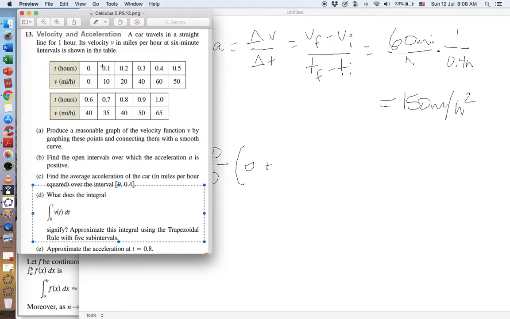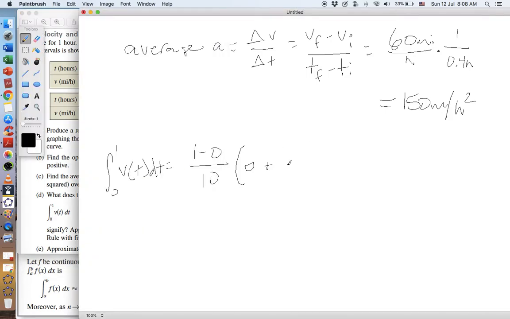I'm sorry, if we're doing 5 subintervals, then we're going to go at 0, 2, 4, 6, 8, because we need to stretch that out over the entire interval.